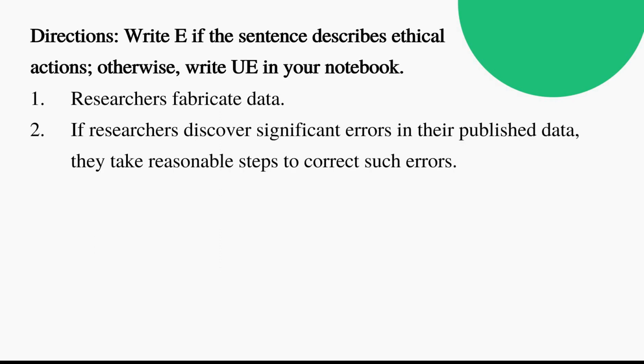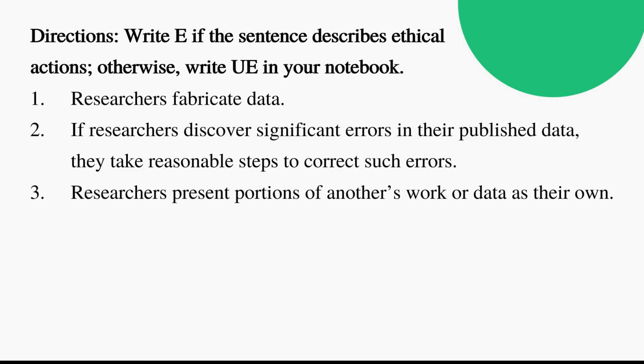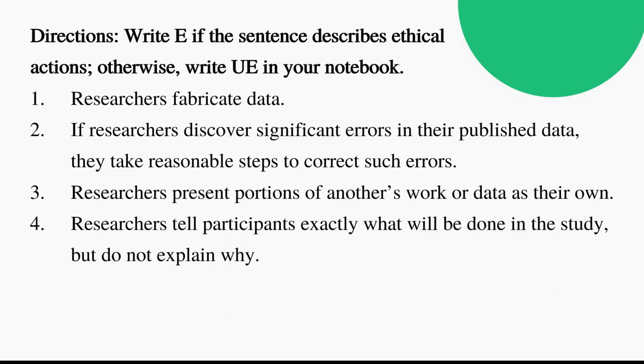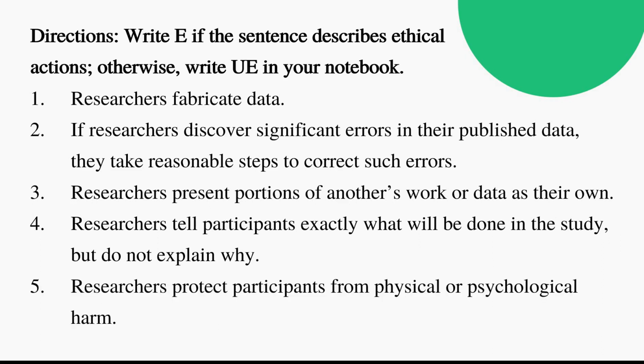If researchers discover significant errors in their published data, they take reasonable steps to correct such errors. 3. Researchers present portions of another's work or data as their own. 4. Researchers tell participants exactly what will be done in the study, but do not explain why. And number 5. Researchers protect participants from physical or psychological harm.